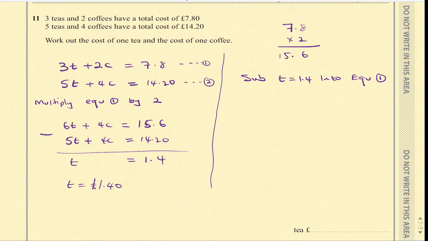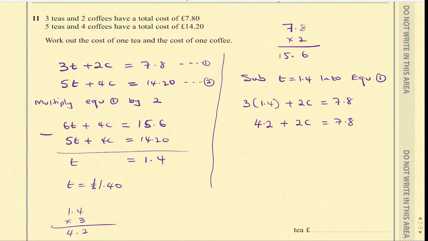So my equation 1 is 3t, so I'm going to have 3 times 1.4 plus 2c equals 7.8. Now I need to do 3 times 1.4. 3 times 4 is 12, so write 2 carry 1. 3 times 1, 3 plus 1, that would be 4. So that's 4.2. So that would be 4.2 plus 2c equals 7.8.